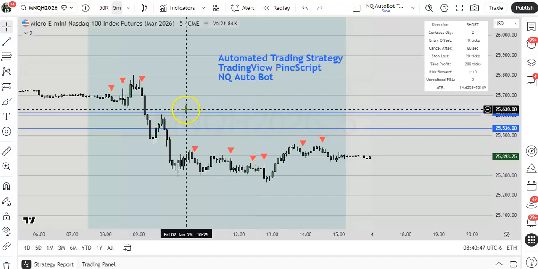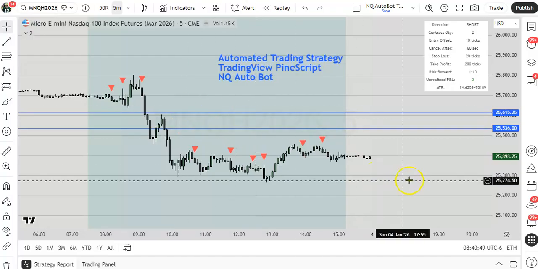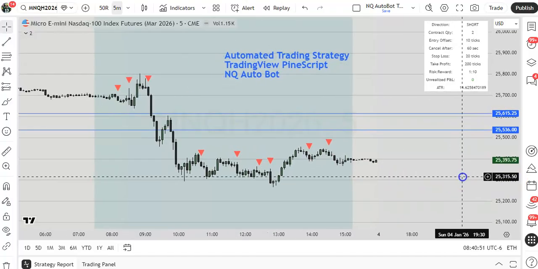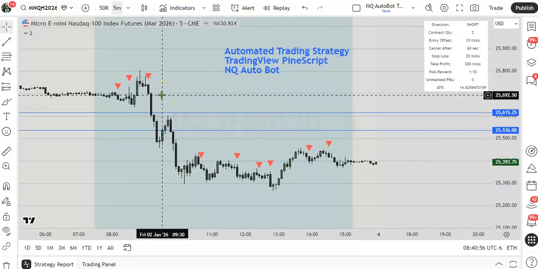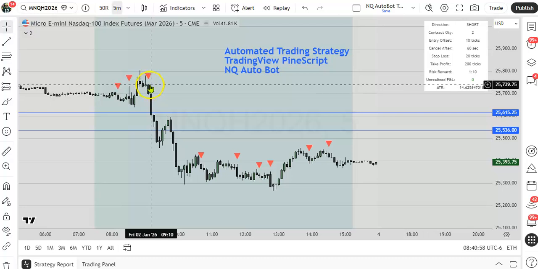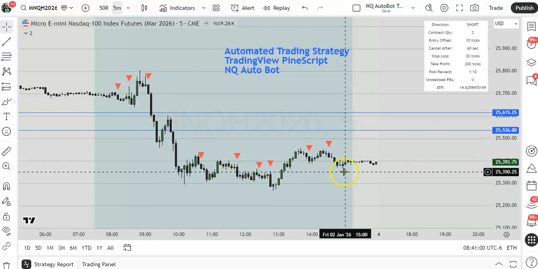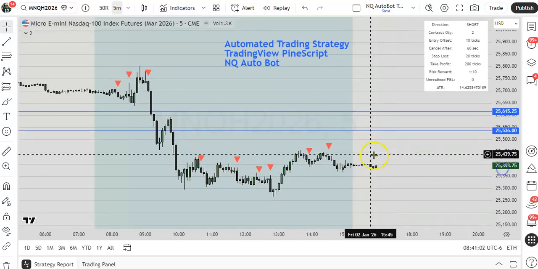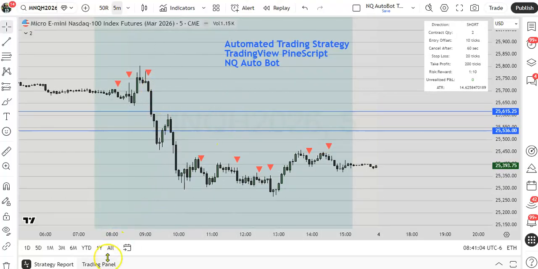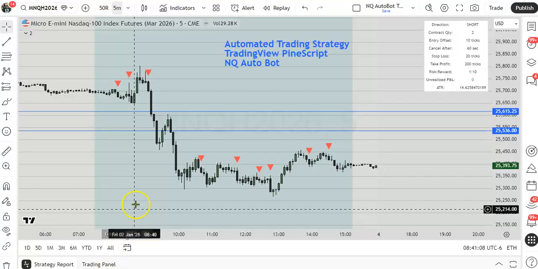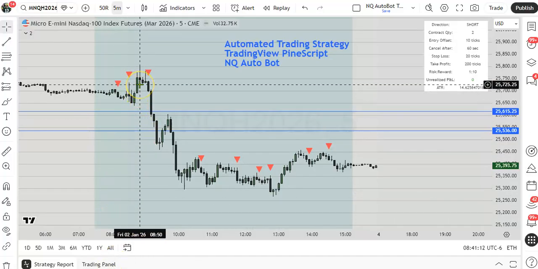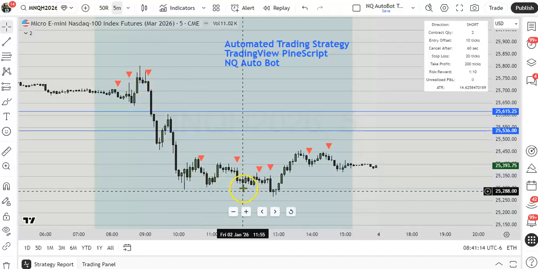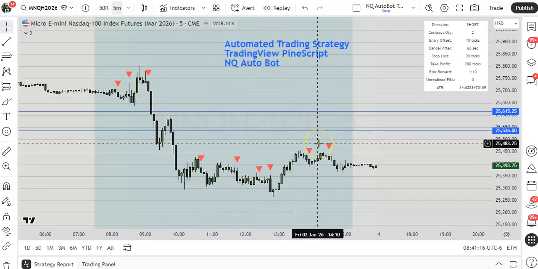The other thing that happens is you have to have an intermediary between TradingView and actually entering the trades into a brokerage or prop account. In other words, you can't just log into your trading account here using the trading panel and have TradingView execute these trades in your brokerage account.